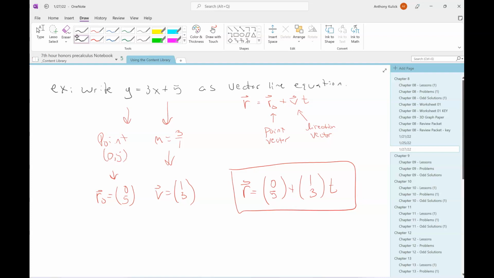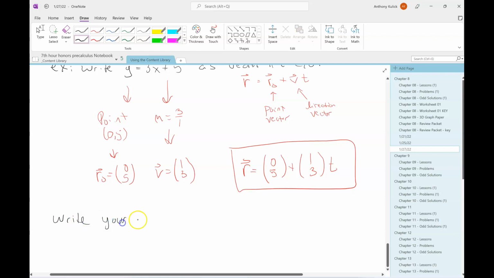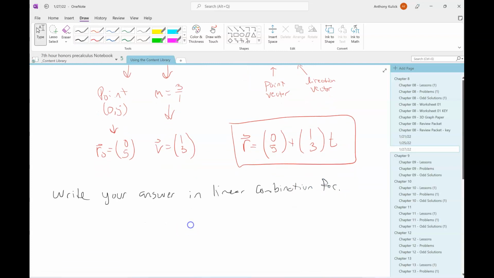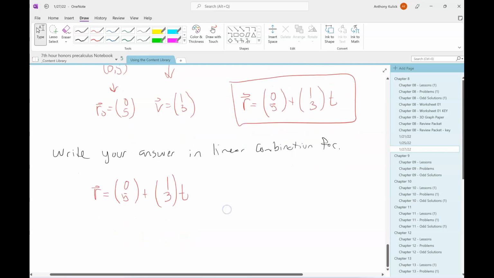Cool? Okay. What if I wanted to ask you to write this answer in linear combination form? Remember, the linear combination form is the ij one.